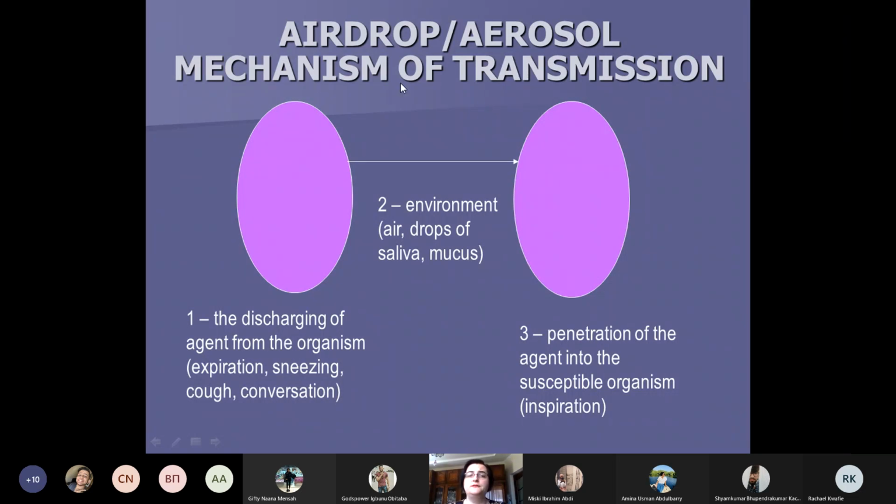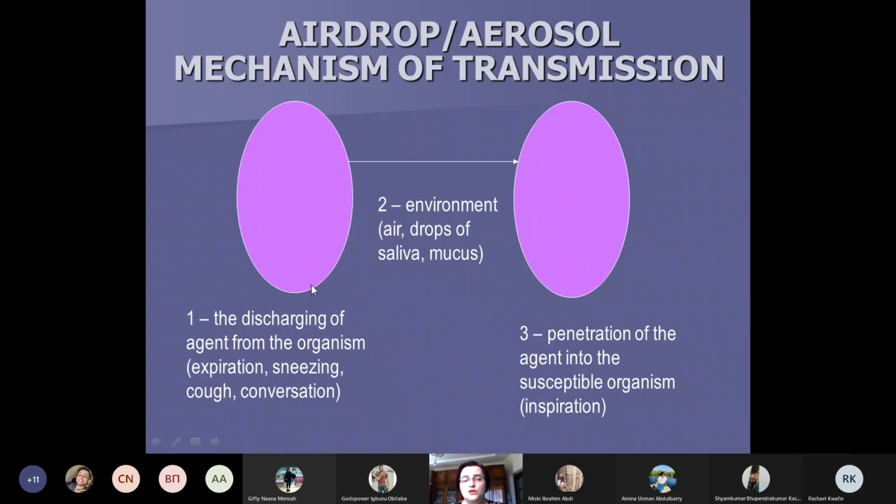Okay, now let's remember the airdrop, aerosol mechanism of transmission. What can we say about this mechanism of transmission? The first chain of the epidemic process, which I hope you remember from epidemiology, is the source of infection, and here you can see the first egg, it will be the source of infection.